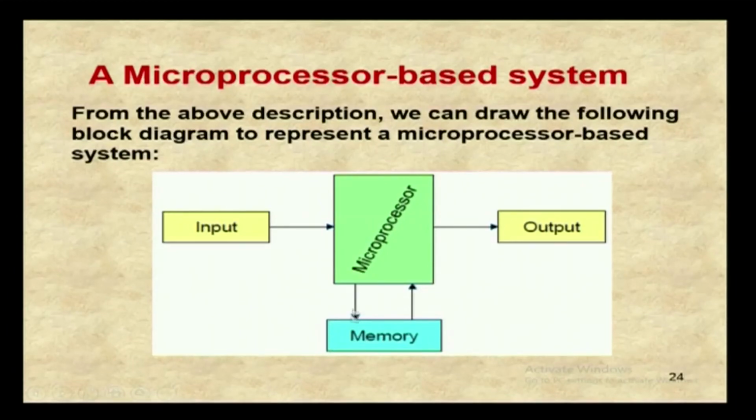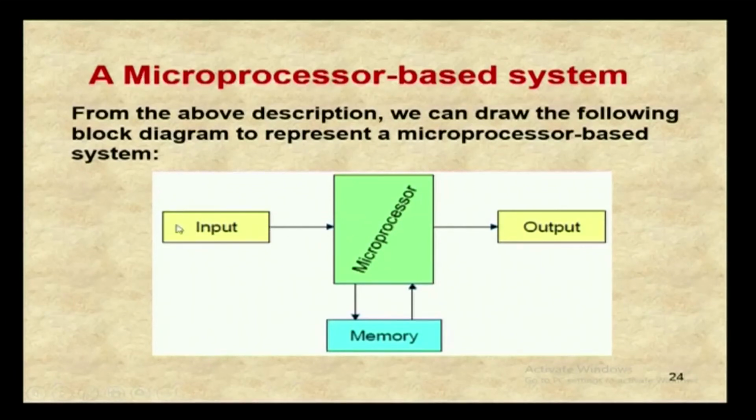The memory stores the data as ones and zeros, and you can see the arrow going this way as well as that way. That means the microprocessor can take the data from the memory, process it, and send it back to be stored in the memory. It can also send the data to the output device, a monitor, printer and so on, and it has to receive data, so you see the arrow in this direction.